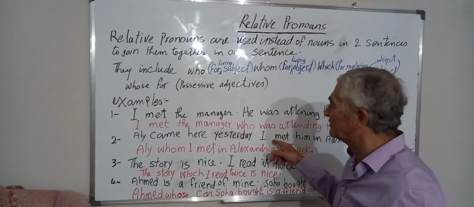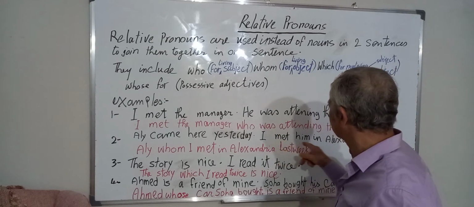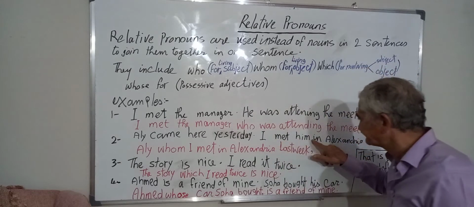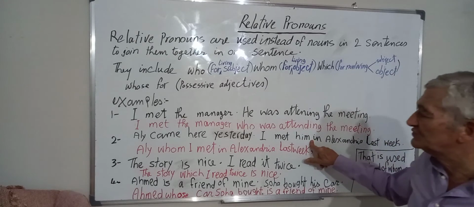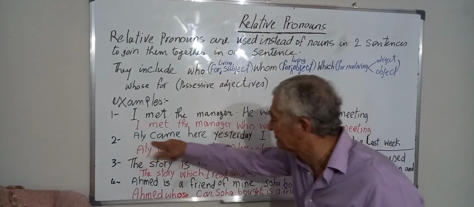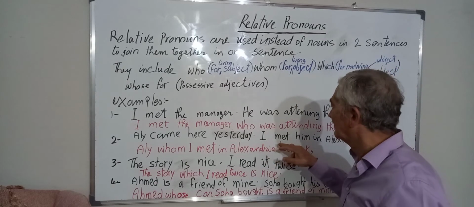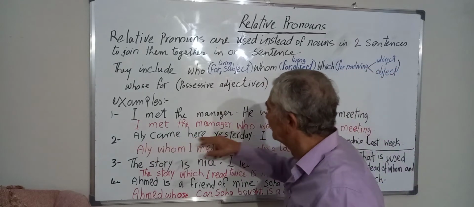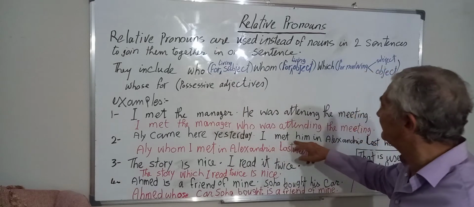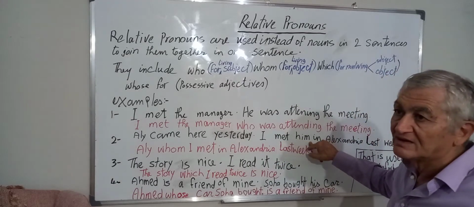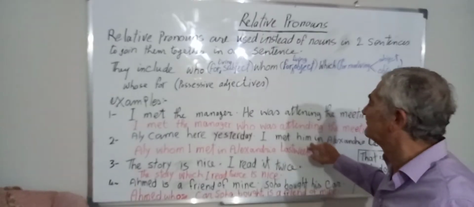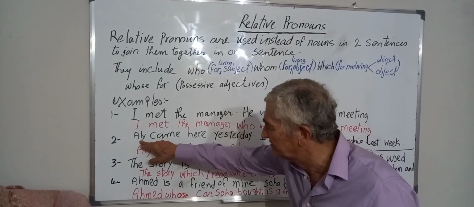The repeated pronoun is him, which refers to Ali. Ali came here yesterday. I met him. So him refers to whom? Refers to Ali. Okay?